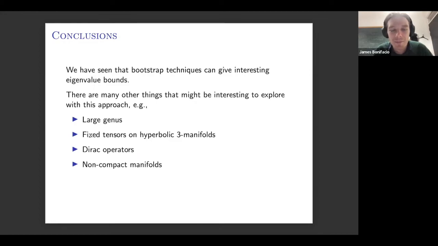For 2-manifolds, it's easy to derive these consistency conditions for arbitrarily many derivatives. That just comes down to the fact that the commutator of two covariant derivatives is simple. In higher dimensions, I just don't know a good way to derive these things when you have many derivatives, at least so far.